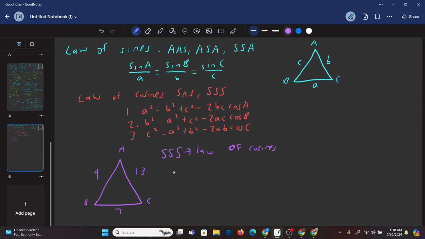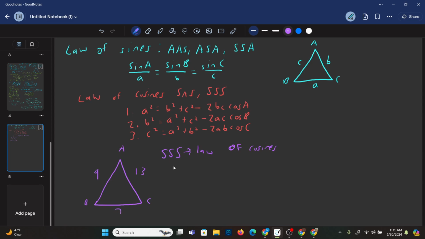So what we do is we just pick any, let's just start with a squared, and we can find angle A. You can start with any of a squared, b squared, or c squared for this triangle.